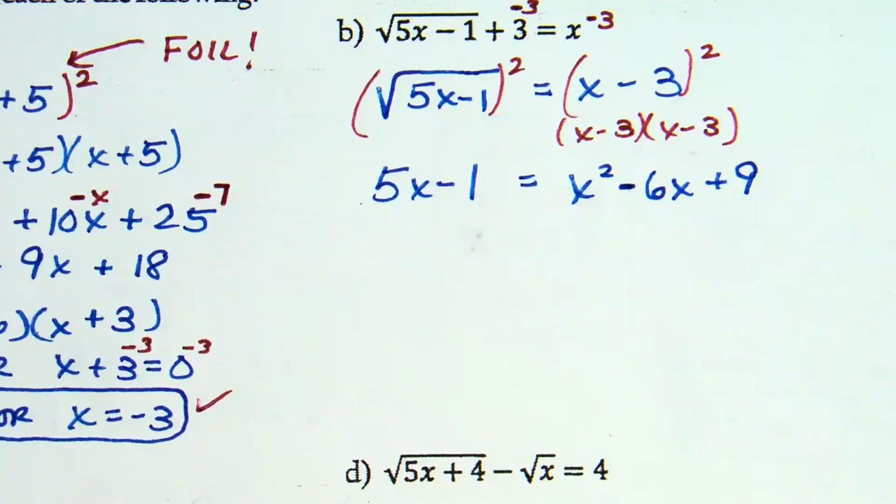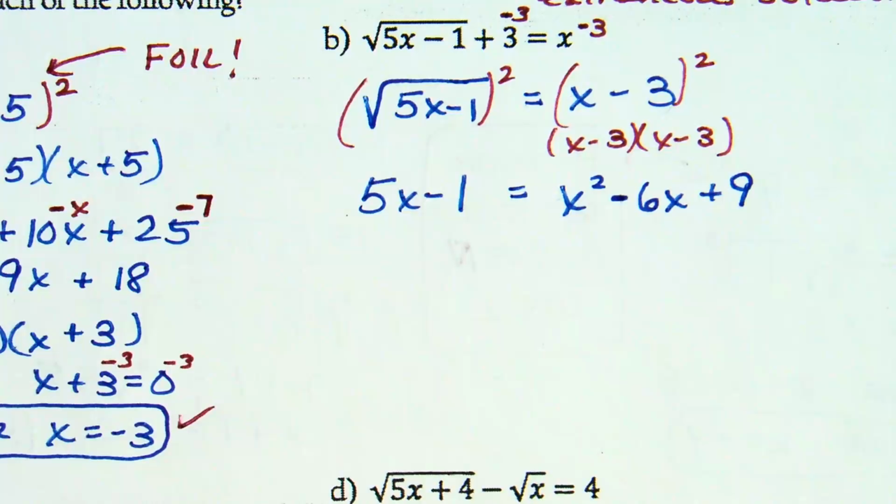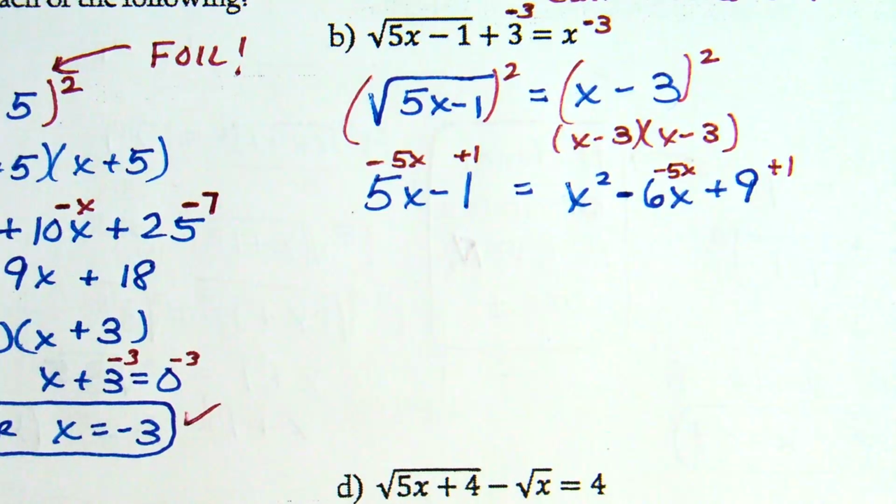So make sure you guys are foiling. What's next? Move that 5x and minus 1 over to join the other side. We want to make this equation equal to 0. So since it's positive 5x, I subtract 5x. Since it's minus 1, I add 1.